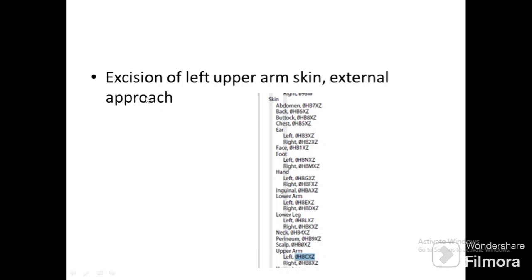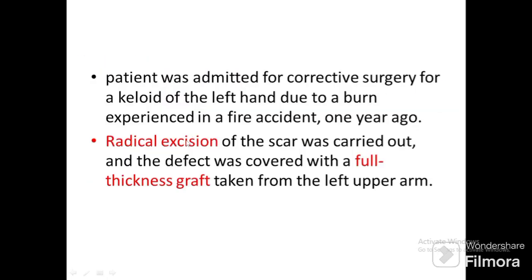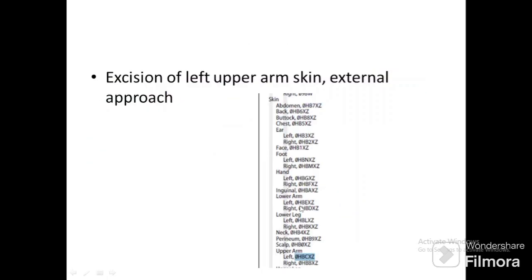In this chart we should also code for excision of left upper arm skin, because from the patient's chart the scar tissue was covered with a full thickness graft, and this graft is taken from the left arm. Hence you should code for excision and replacement of scar, as well as excision of the tissue for the full thickness graft. So we get a third code, excision of skin of left upper arm.